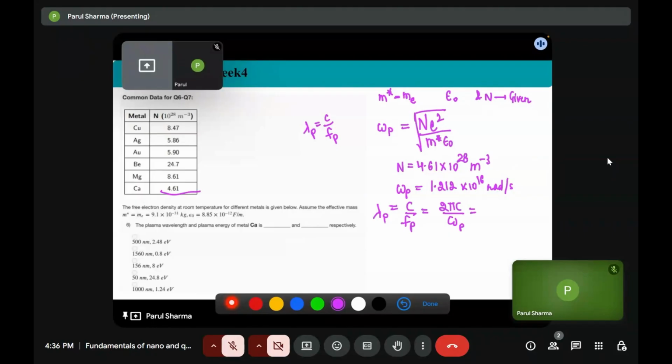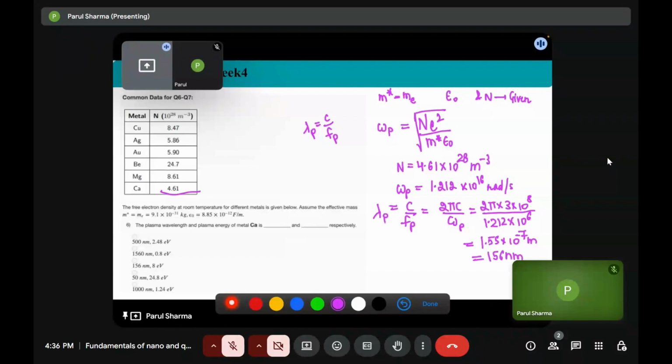So this will be equivalent to 1 raised to power, or we can say 56.